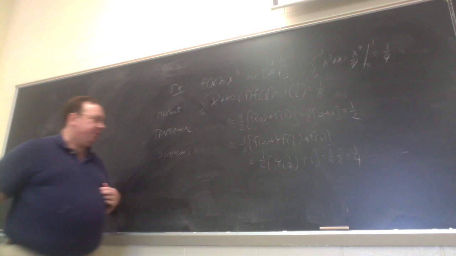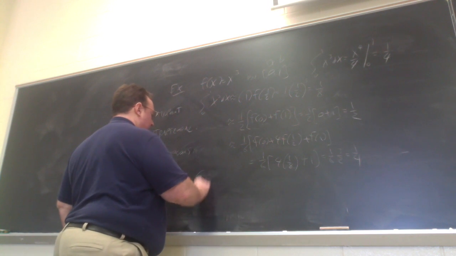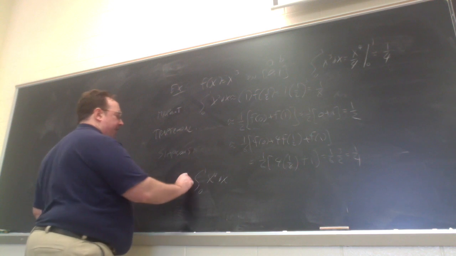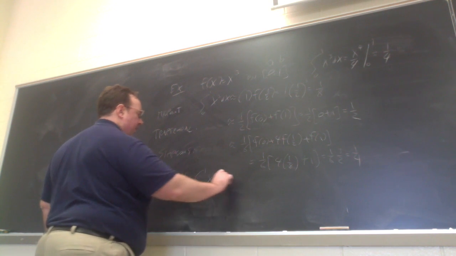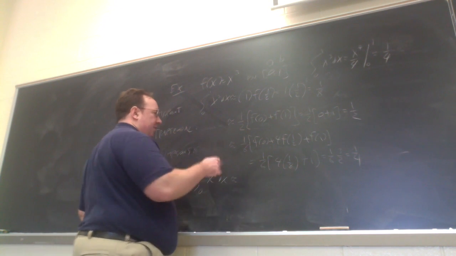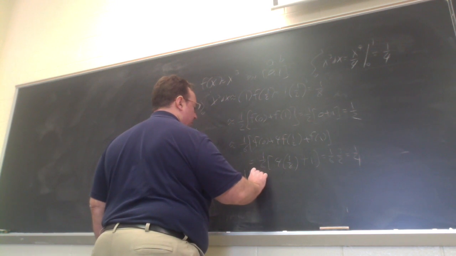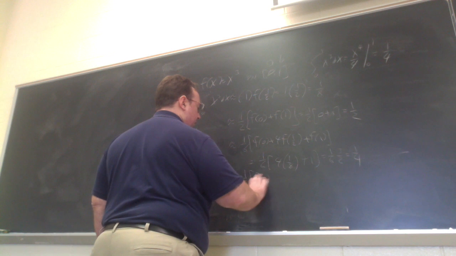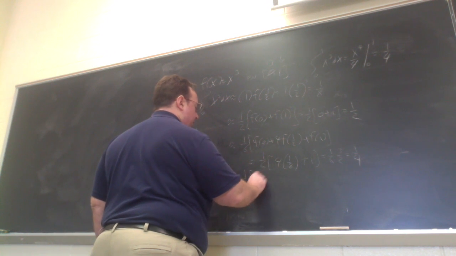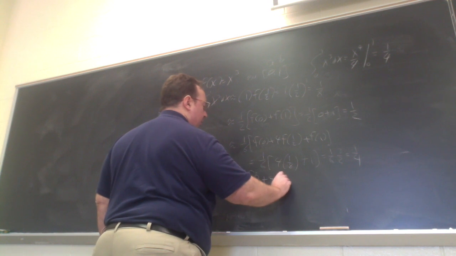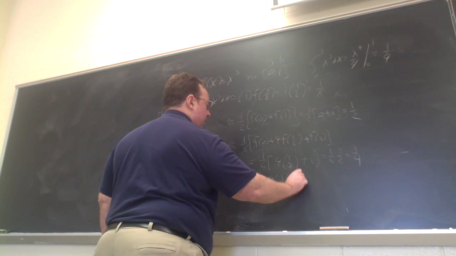Let's go one step further. X to the 4th. Now, the exact value is 1/5. Let's try Simpson's Rule on that, because it's not supposed to be exact anymore. So same nodes. Now we have 0 plus 4 times 1/2 to the 4th power, so it's 1/16, plus 1.